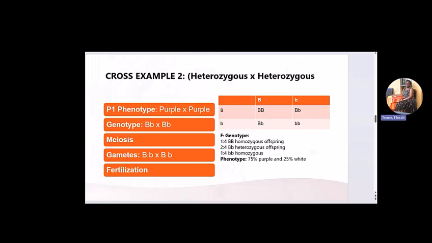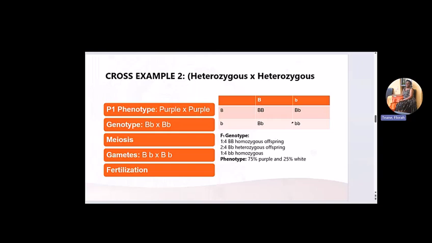Meiosis will take place, gametes will be formed, and fertilization will take place if we transfer the same information to this table. Remember what we did? These are the allele or the genotype of each and every plant. It's capital letter B, small letter b, capital letter B, small letter b. Remember we said heterozygous crossed by heterozygous.